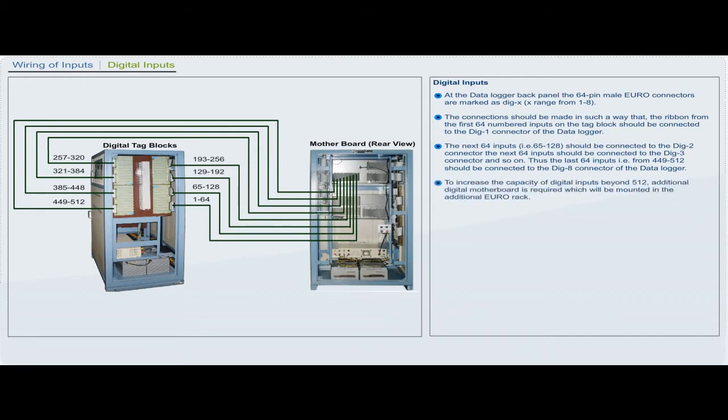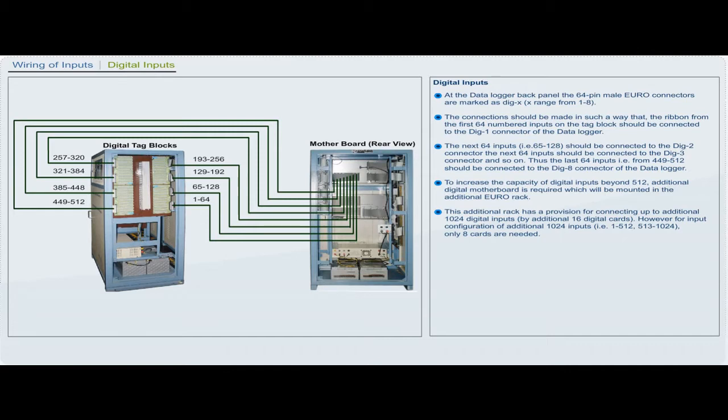To increase the capacity of digital inputs beyond 512, an additional digital motherboard is required, which will be mounted in the additional Euro rack. This additional rack has a provision for connecting up to an additional 1024 digital inputs by additional 16 digital cards.